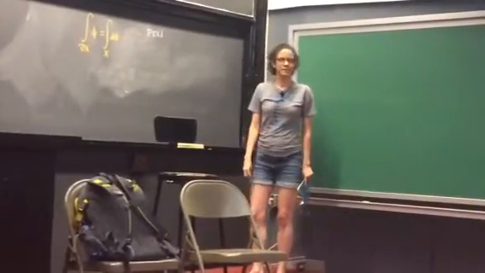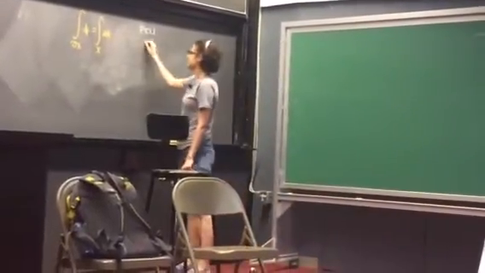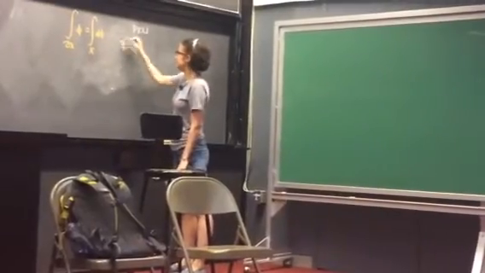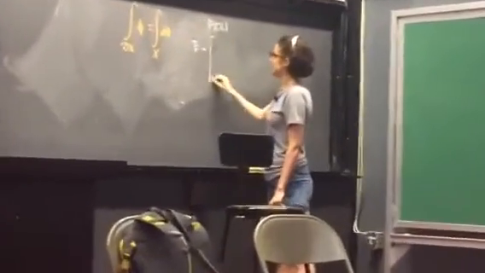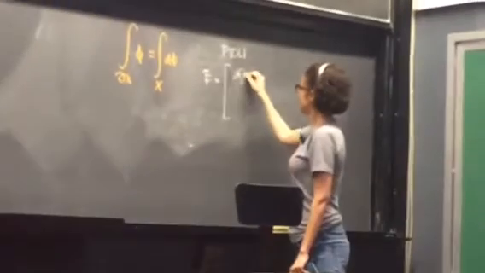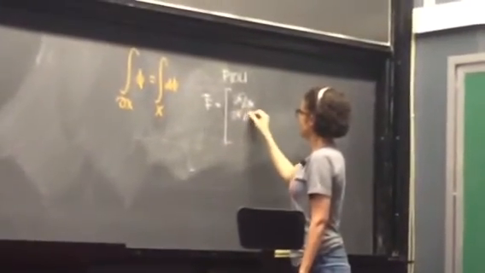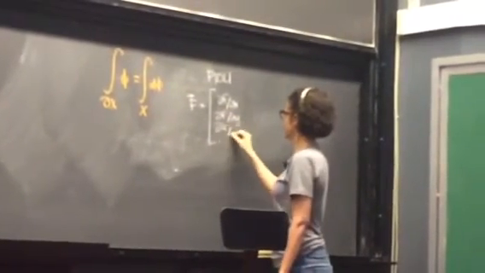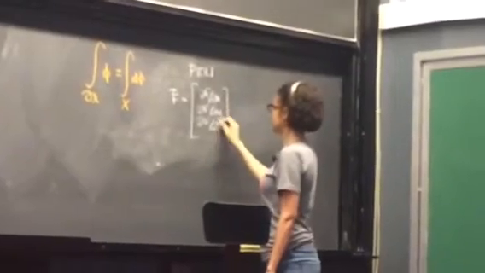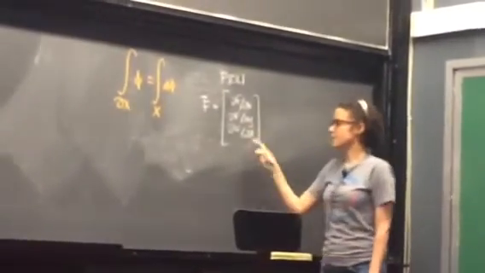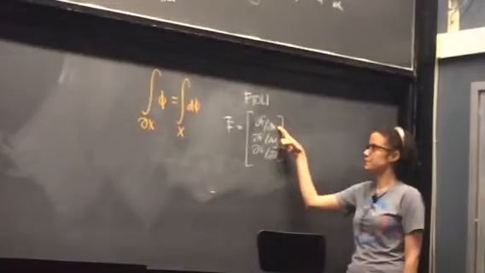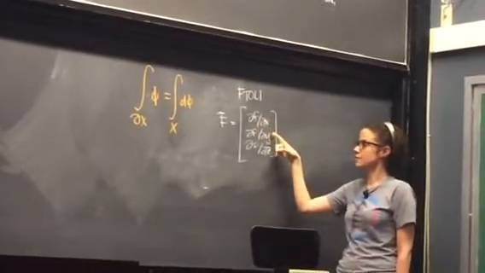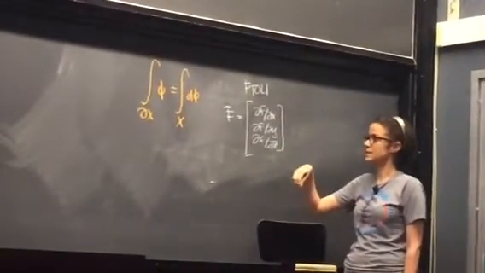Sometimes people need a little bit of convincing, but if you think about the fact that if a vector field F is the gradient vector field, that means that the first component would be the partial of that potential function with respect to x, then with respect to y, and then with respect to z.